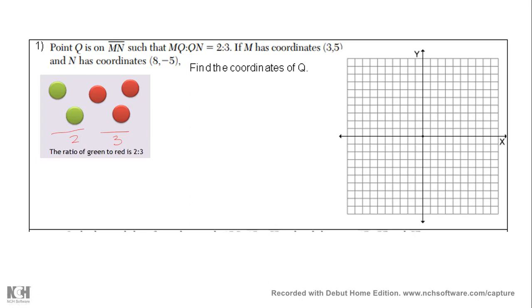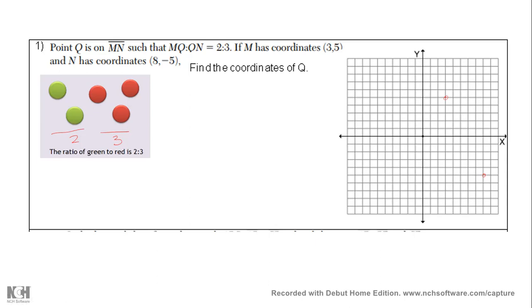So we want to come over to our graph and graph M and N. M is at (3, 5) and N is at (8, -5). Okay, so that's where our coordinates are.